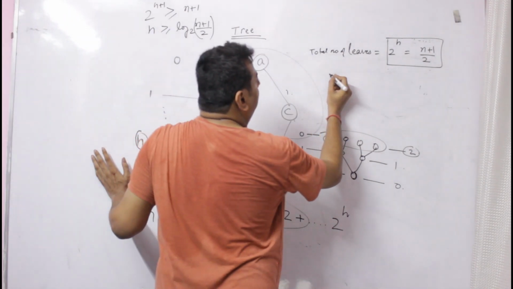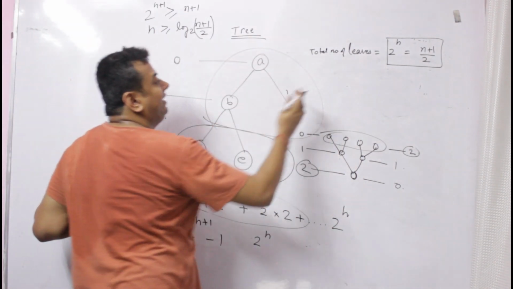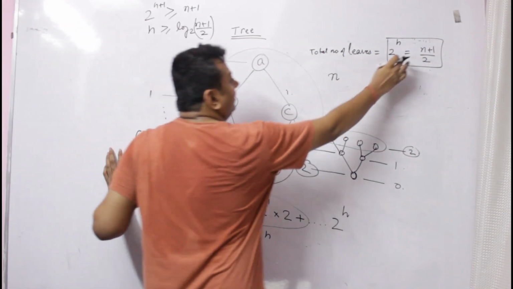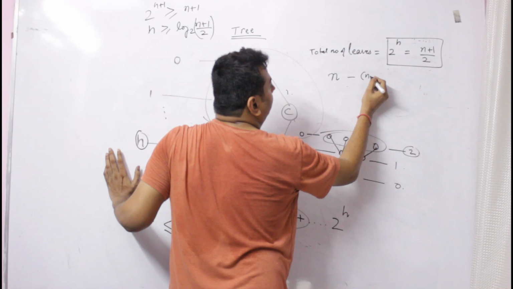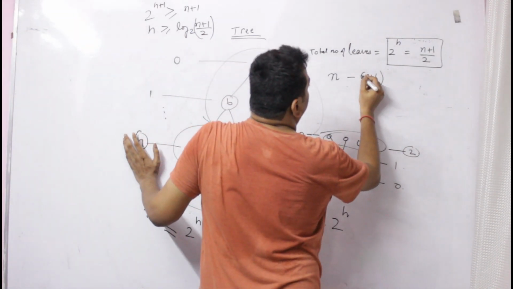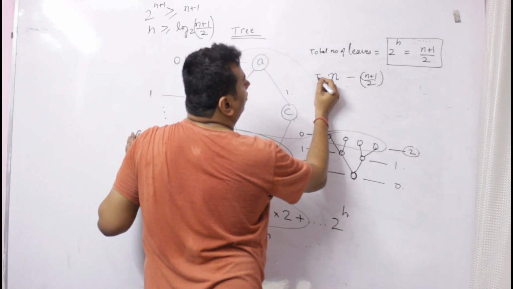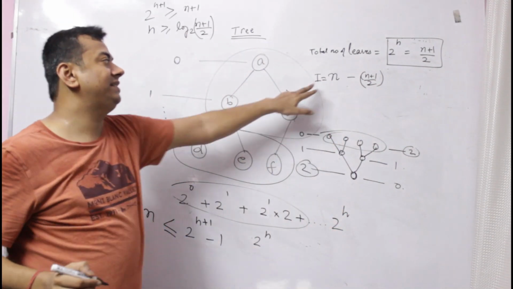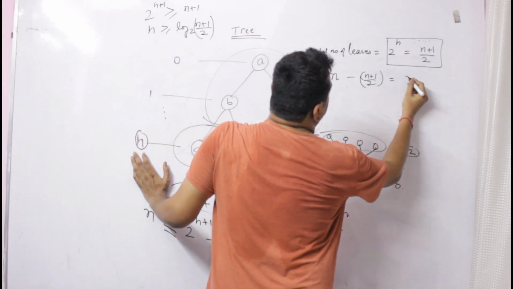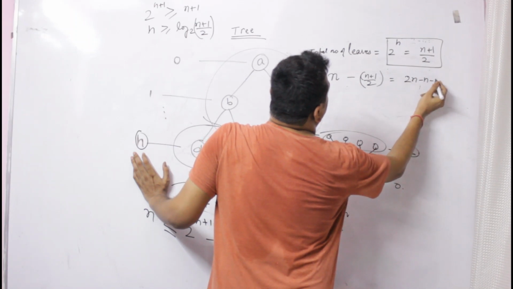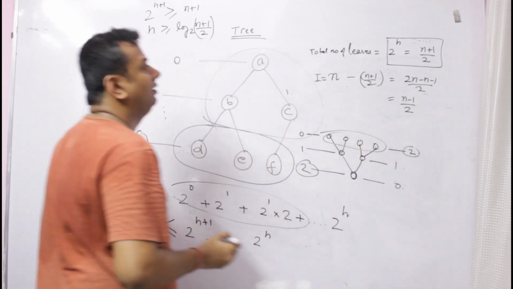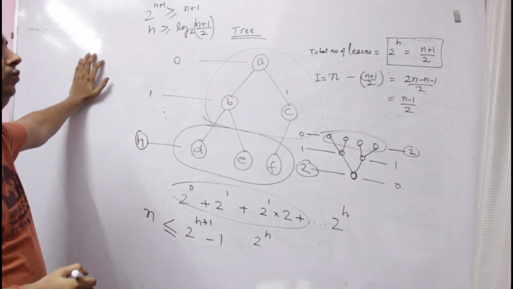What was the total number of elements in the entire tree? It was n. What was the total number of elements in the leaf? It was (n plus 1) by 2. Which is what? This is the internal node. I would call it I. The total number of elements in the internal nodes is n minus (n plus 1) by 2, which is (n minus 1) upon 2, right?